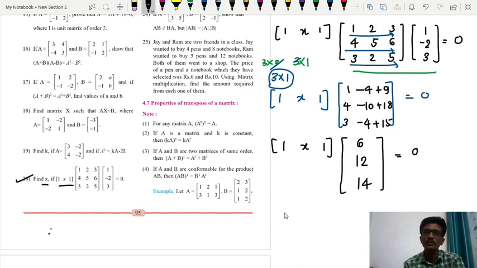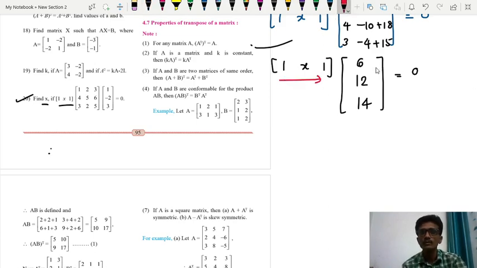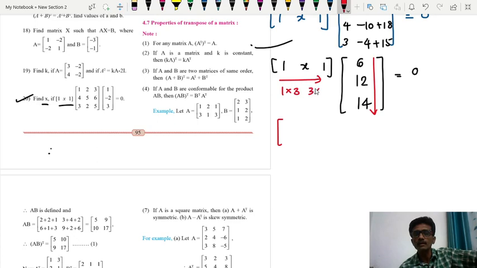So multiplication of this will be this row into column. See this row into this column we multiply. So we will get the matrix. The order of first matrix is 1 by 3, order of this matrix is 3 by 1. Therefore you will get the matrix of order 1 by 1.